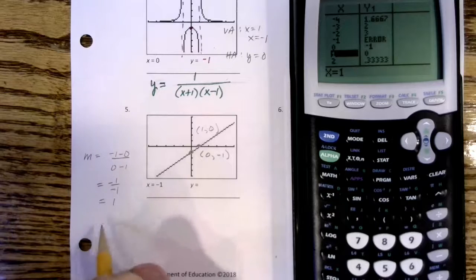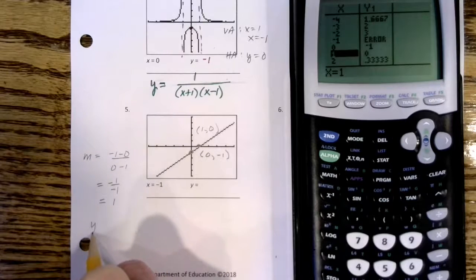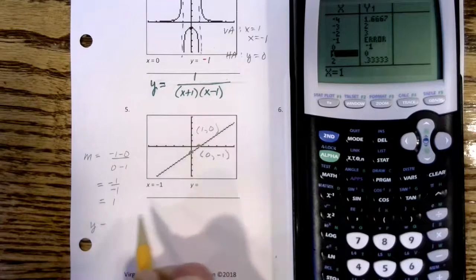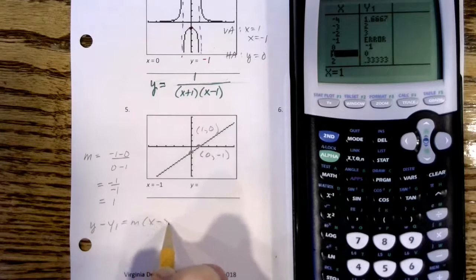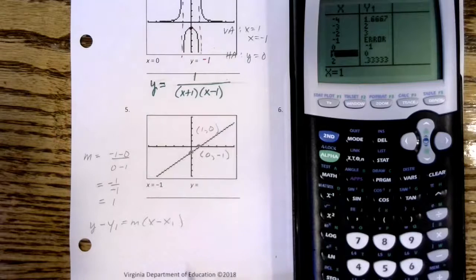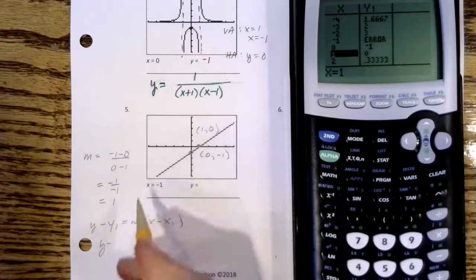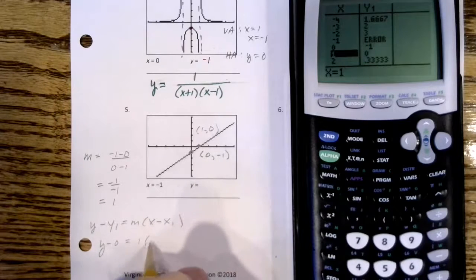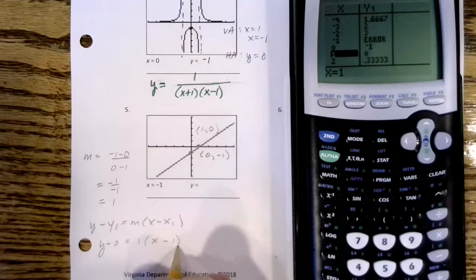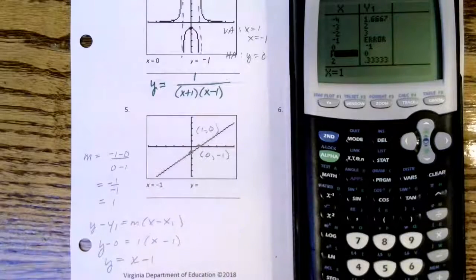If I want to do y equals mx plus b or my point slope form, I could say y minus y1 is equal to my slope times x minus x1 for my point slope form. Y minus, we'll go ahead and use the easy one here, 0 is equal to your slope times your x minus 1. So y is equal to x minus 1. So that's definitely the equation of my line.